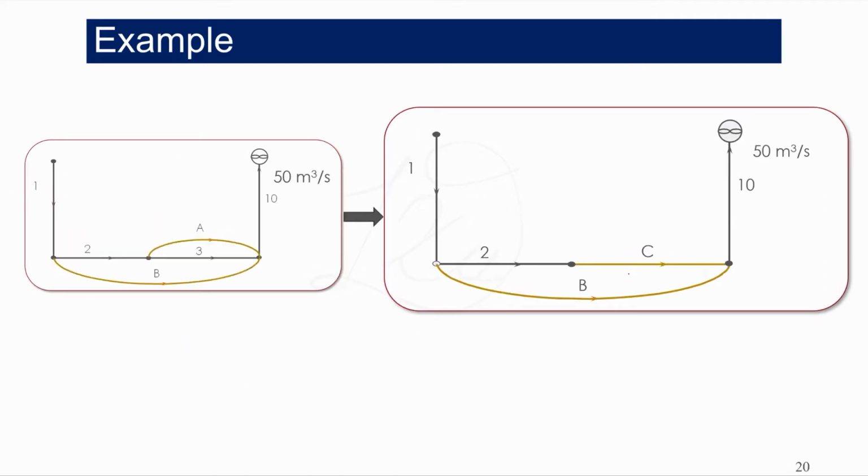Moving one step forward, we can see that airway A and airway 3 are in parallel.